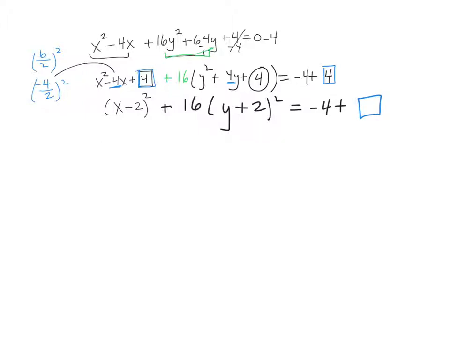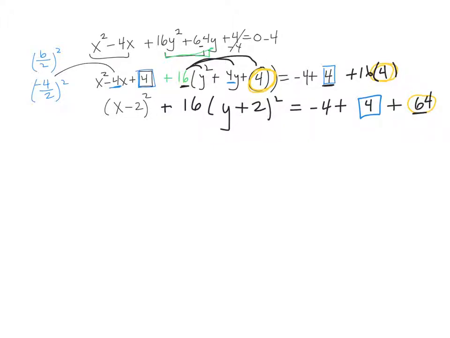I can't just add this 4 right here to one side without also adding it to the other side. But it wasn't just a 4. If I distributed that 16 back in, it would actually be 16 times 4. So I added 4 to both sides, and 16 times 4 is 64.